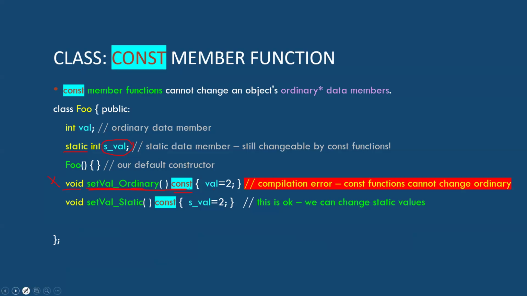Sorry, I got that mixed up. Back up. We are trying to change this one here. This const method cannot change that one. This one is a normal method changing a static variable. That's okay. And this is a const method printing out read only. That's okay, so we can do that.